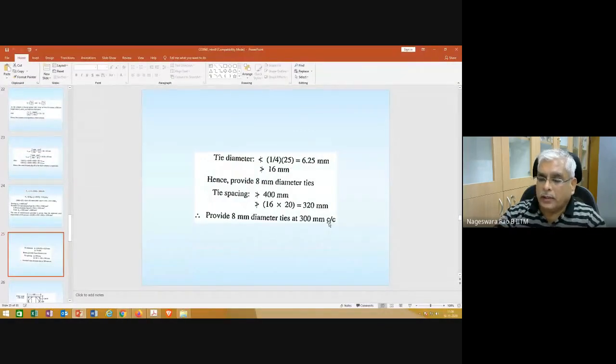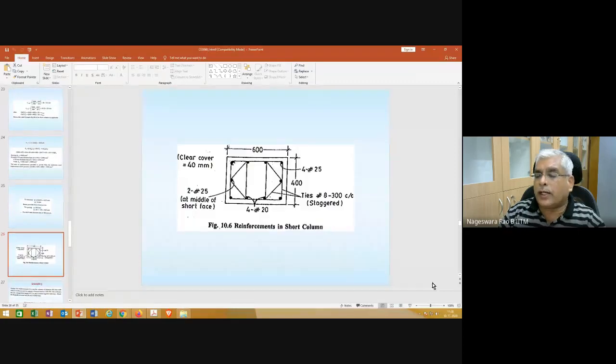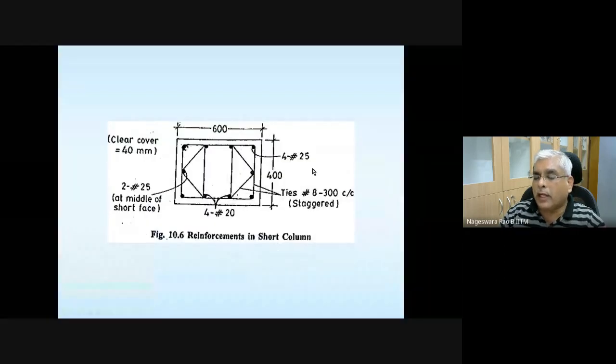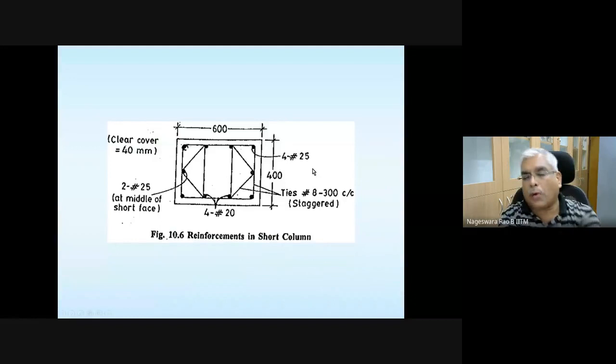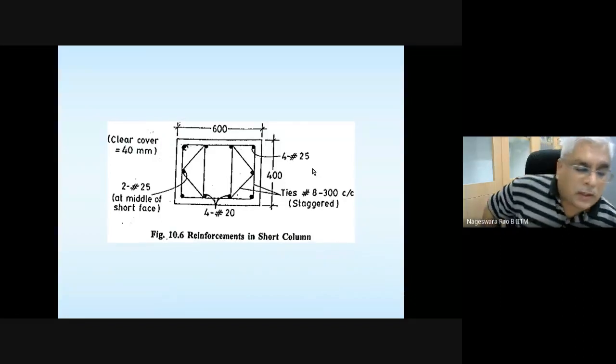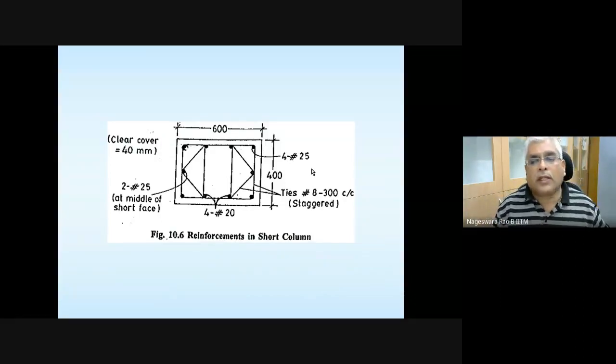Okay. So now you calculated the longitudinal reinforcement, you calculated the lateral ties. That is not the end. You need to show it in the form of a structural drawing. So here you can see the cross section of the column, shown with reinforcement details.